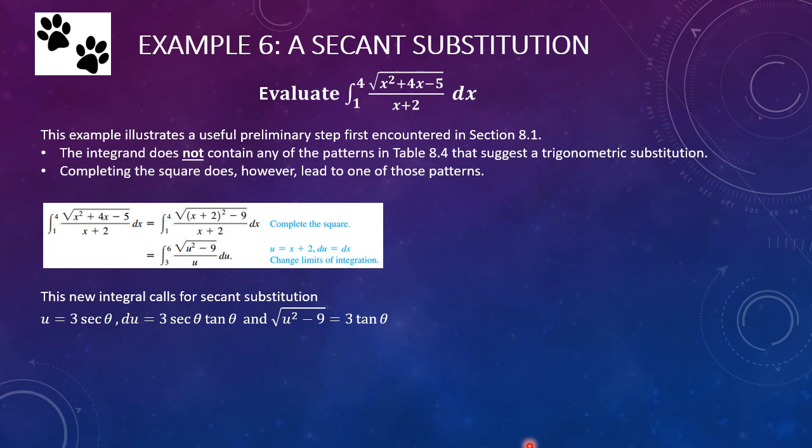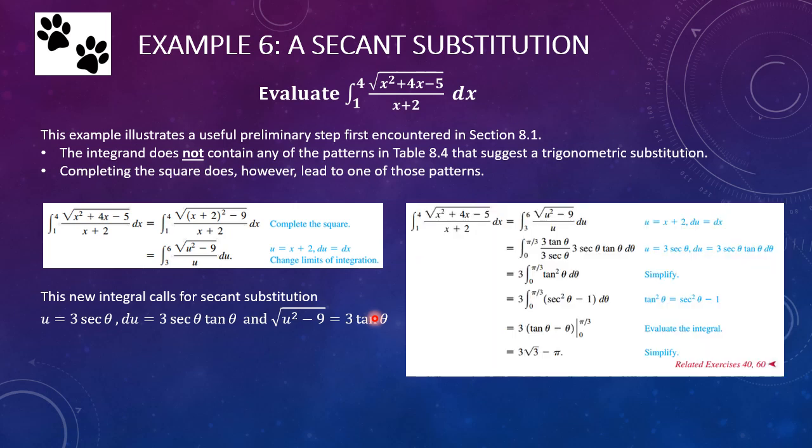Once we plug those values in, we get 3 tangent theta in the numerator and 3 secant theta in the denominator. And notice here again, we're going to change the values for the limits of integration.